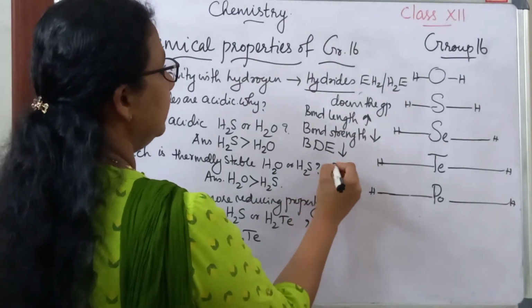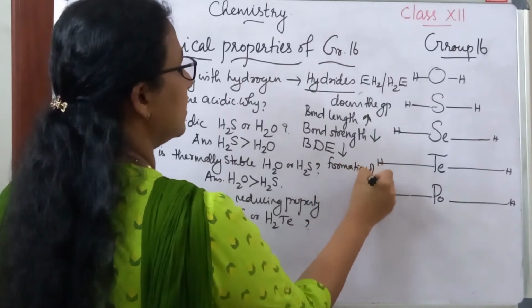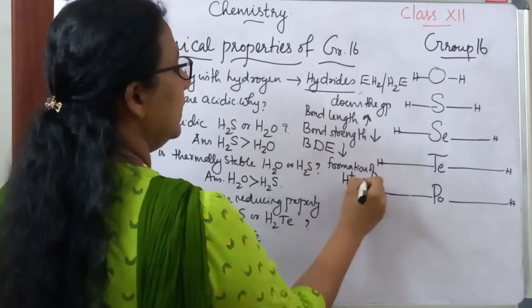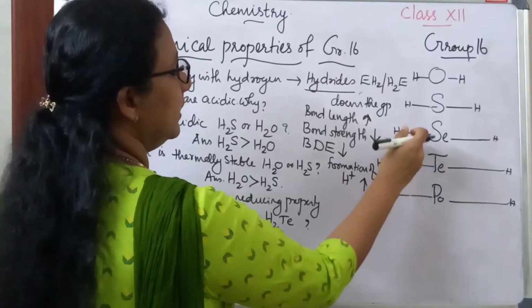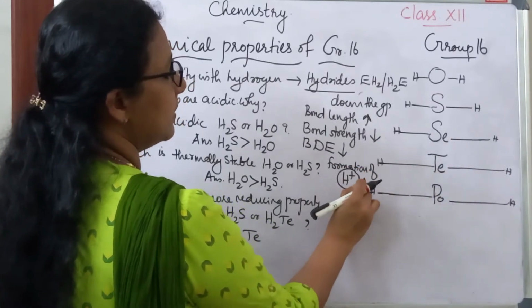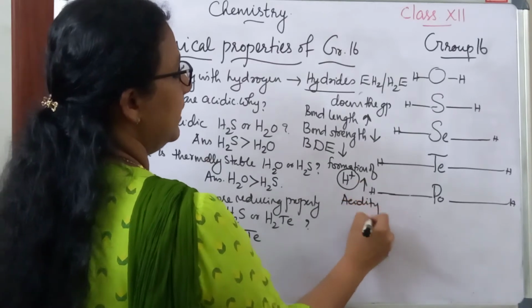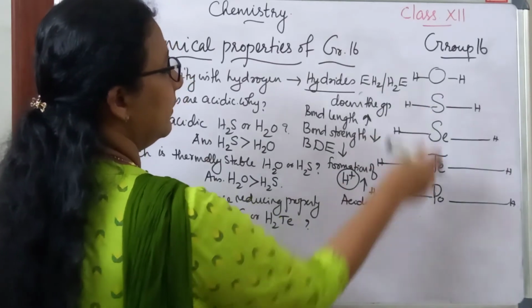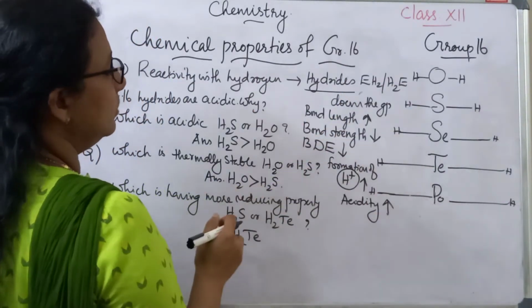So we can say the formation of H plus increases down the group. If the bonds are weak and we easily break them, the release of H plus will be more. So the acidity increases down the group.